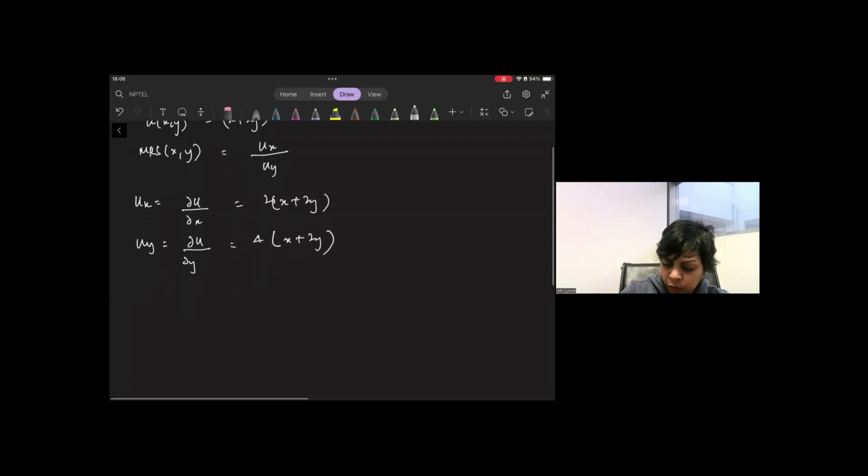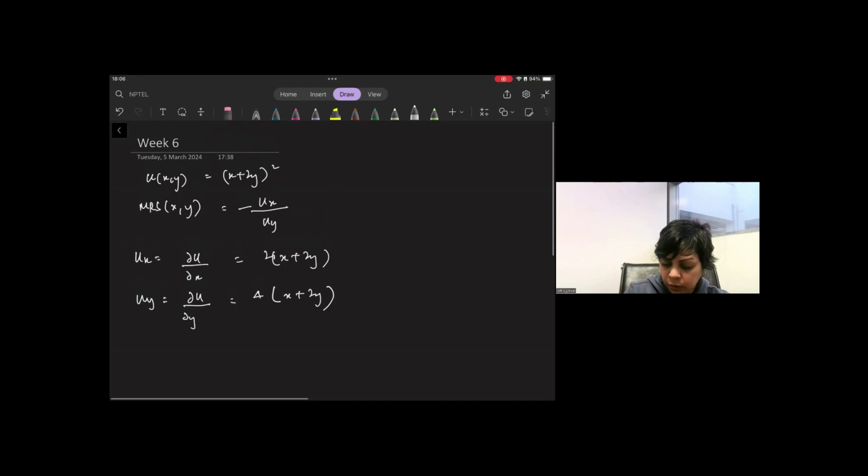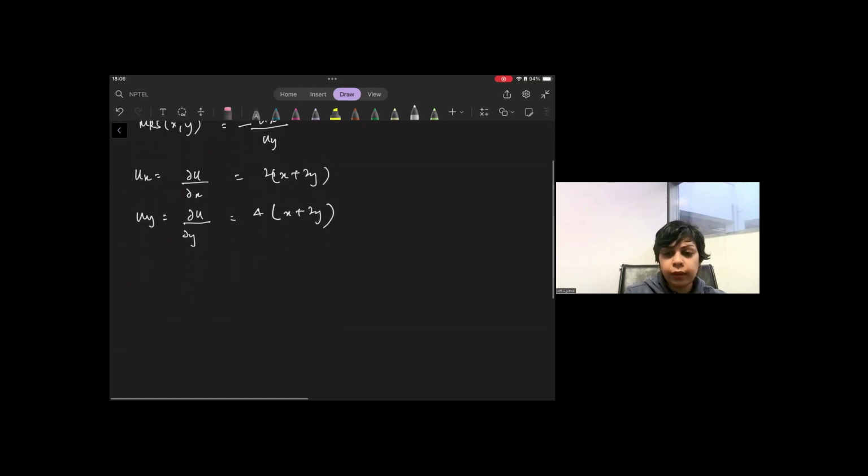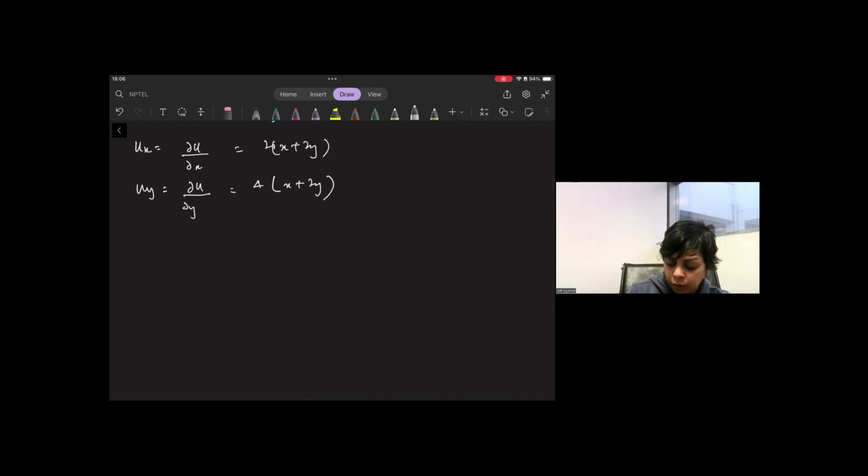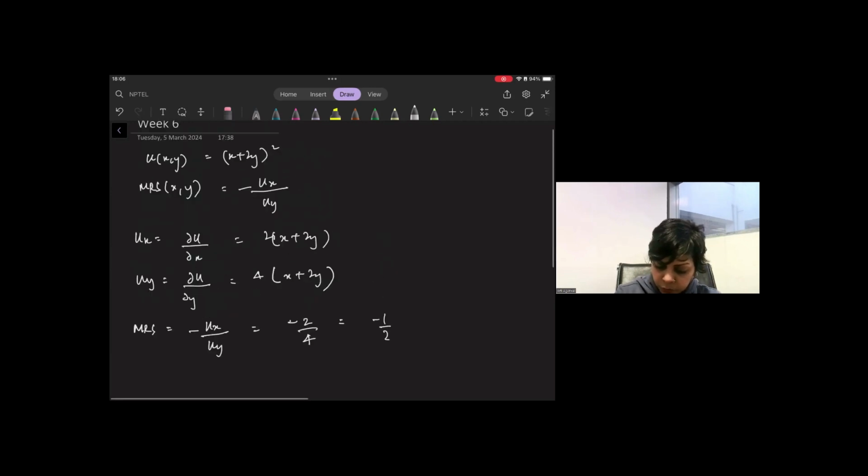Here we should put a minus sign actually, because when you're reporting MRS, we put the negative just to communicate that an increase in one is accompanied by a corresponding decrease in the other. If there is an increase in ux, there has to be a corresponding decrease in uy. So MRS is equal to minus half, which is what we got as the answer.